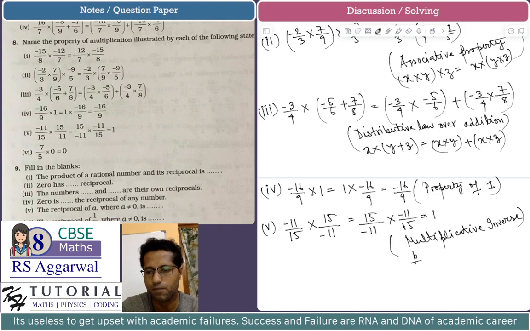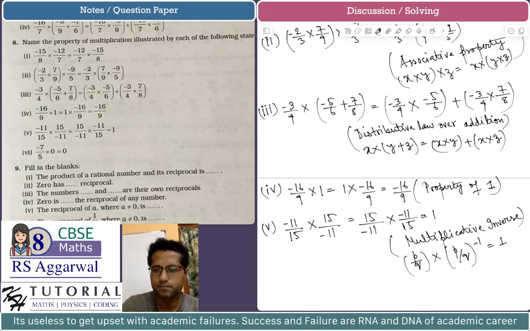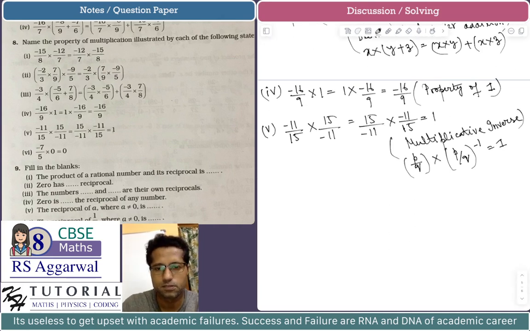The concept is based on multiplicative inverse, that if p by q is a rational number, then p by q multiplied by its multiplicative inverse or reciprocal is equal to 1, where of course the rational number p by q should not be equal to 0. And the last one, 6, this is minus 7 by 5 multiplied by 0 is equal to 0.